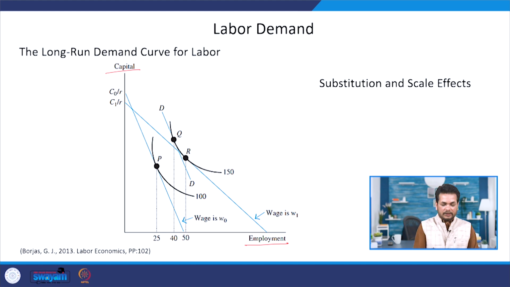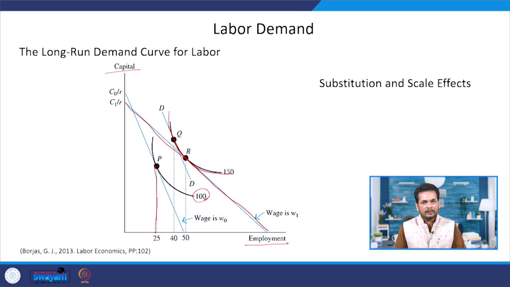So, in the initial condition, the farm fixed its production at 100 units. To produce 100 units of output, the farm was employing 25 units of labor. Now, the wage rate has declined. Because of the reduction in the wage rate, the isocost line shifts, and because of the marginal cost decline, the farm produces a higher level of output.